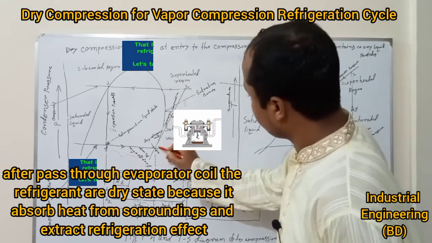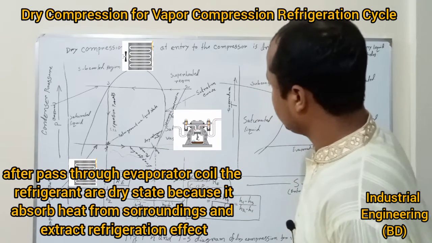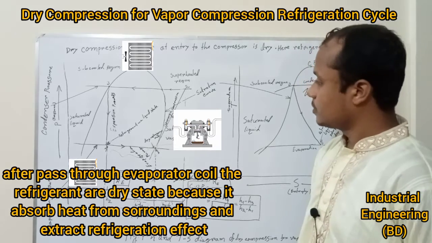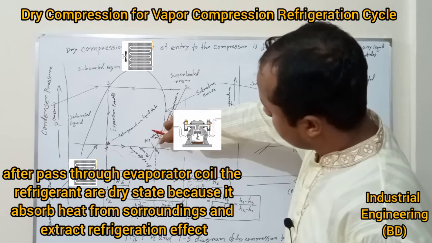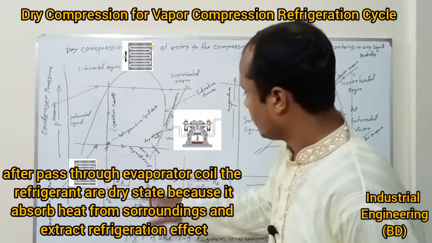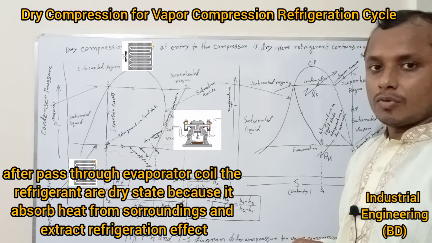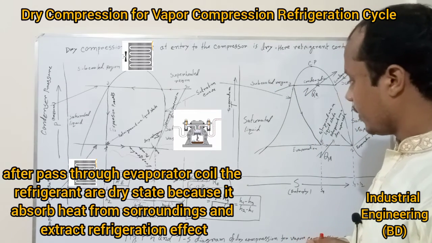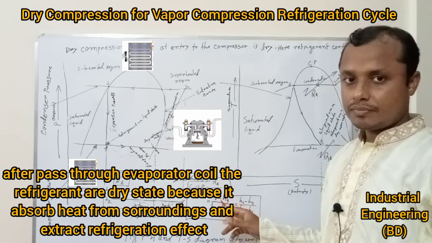And this portion is the work done by the compressor in the isentropic compression process. So we can write the work done equal to H2 minus H1. From the definition of coefficient of performance, we can write refrigeration effect upon work done.